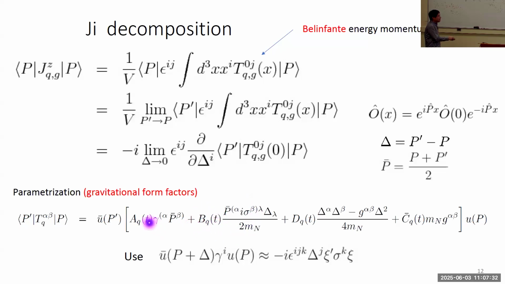And in fact, the first term also survives. That is not obvious, but this delta dependence actually comes from the spinor product, so you have the u bar gamma alpha u, and if you consider the small delta limit of the spinor product, you find a term which is linear in delta. So you have to take that into account. So you get a contribution from this A term and B term.